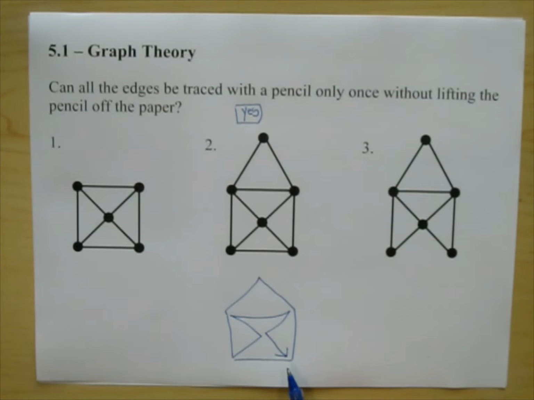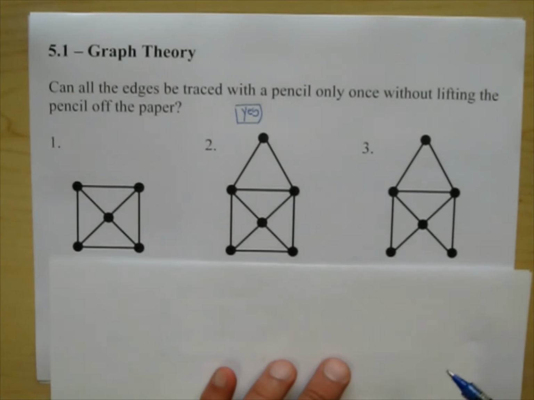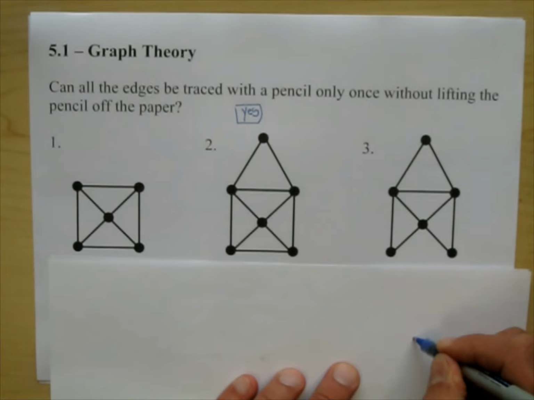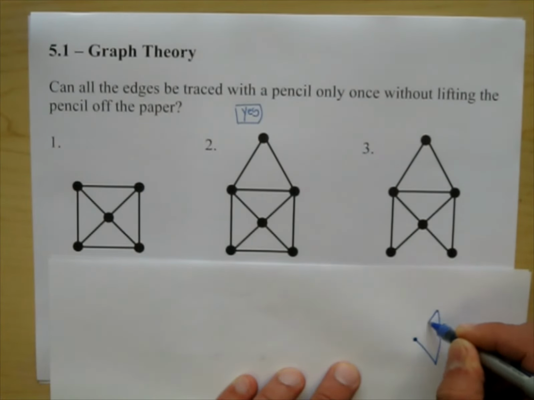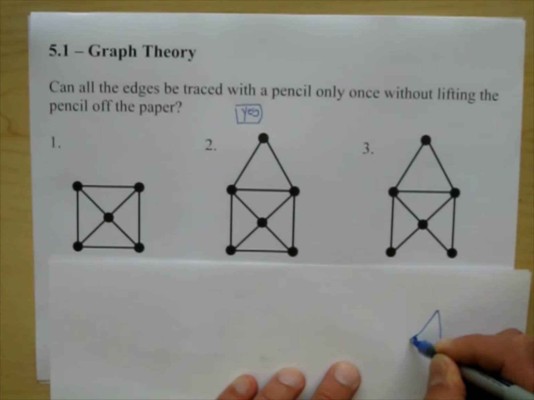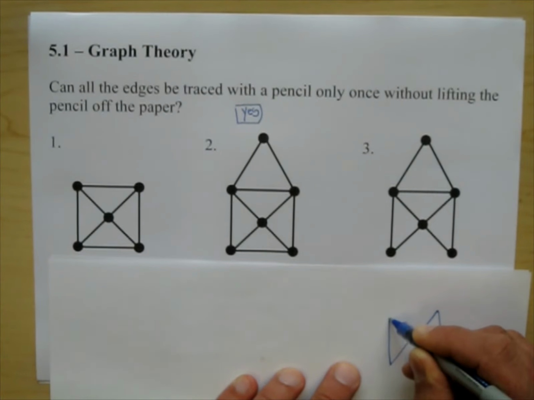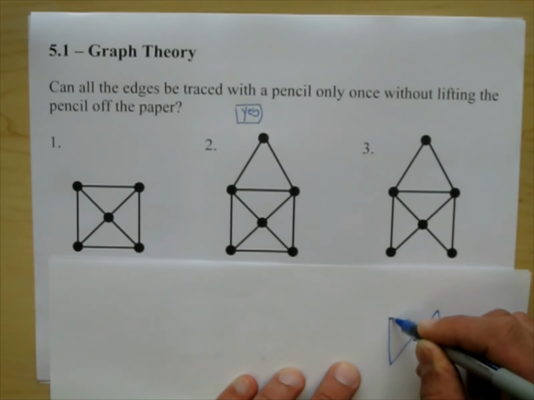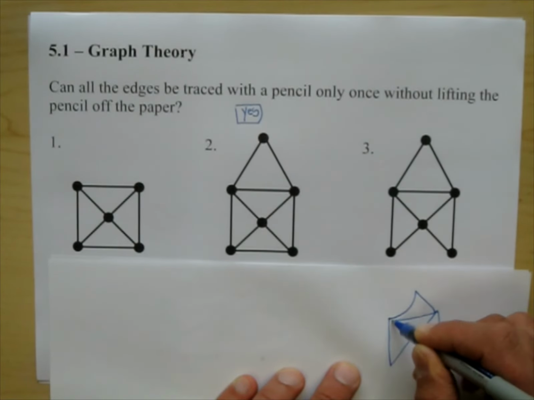Let's go ahead and do another problem here. How about problem number 3? If we do problem number 3, maybe I'll start in the middle here. So I'll go down this way, then I'll go down, up, around.